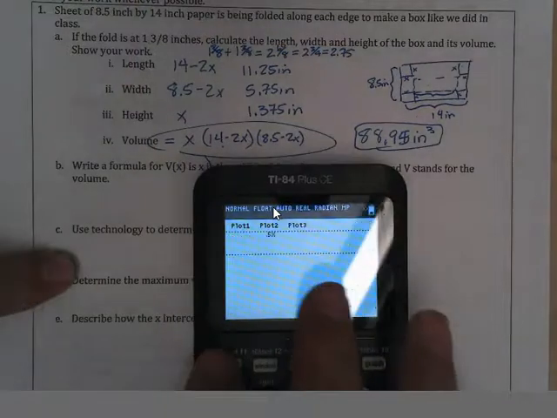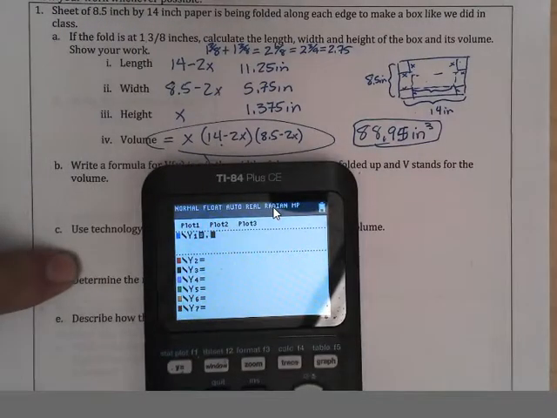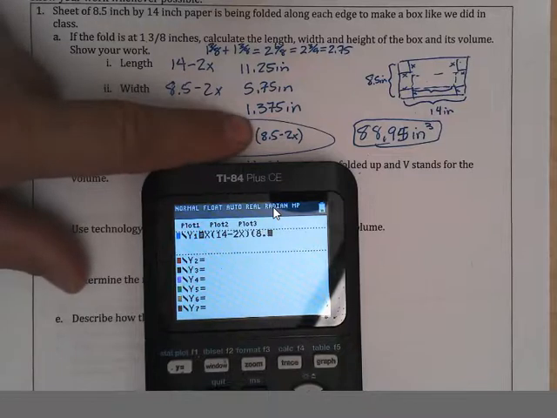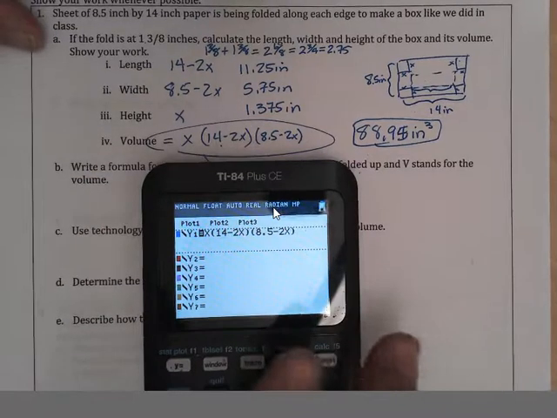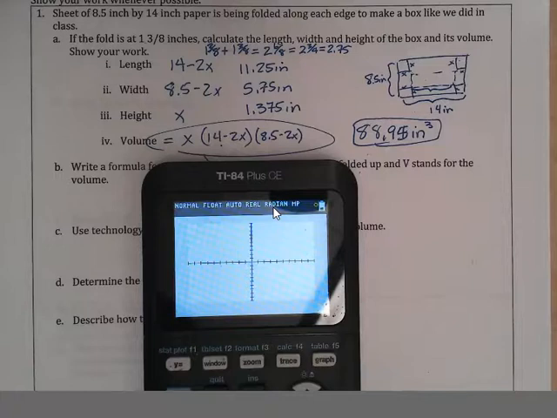So I go to my window and I type in x times parenthesis 14 minus 2x and 8.5 minus 2x. And if I go zoom 6, probably won't see much.